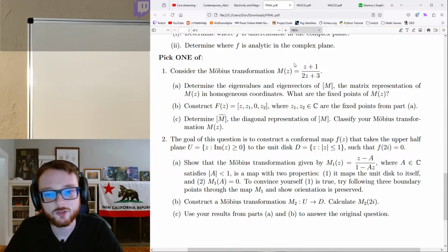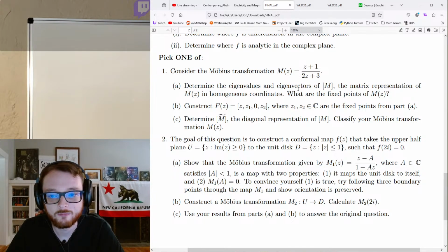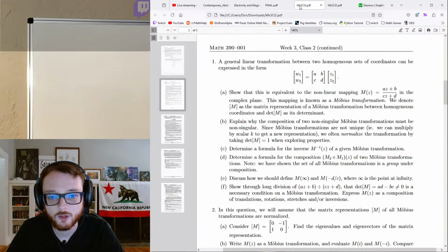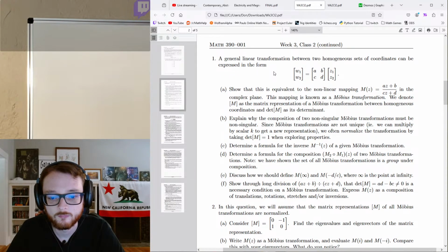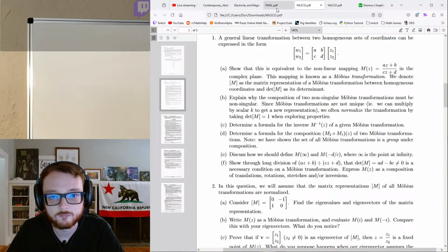So we can get the matrix and get the eigenvalues and eigenvectors. The fixed points are going to be anything on the eigenvector, I believe. I hope.